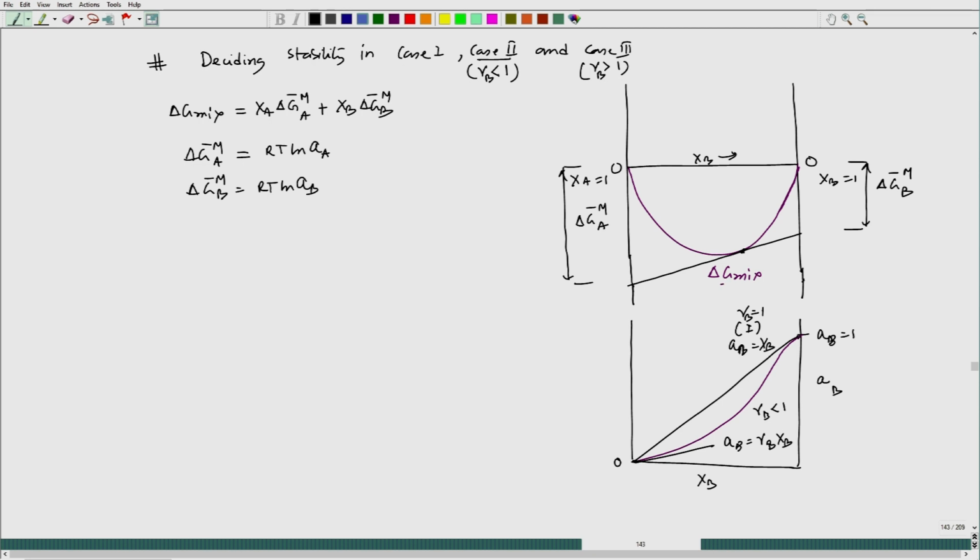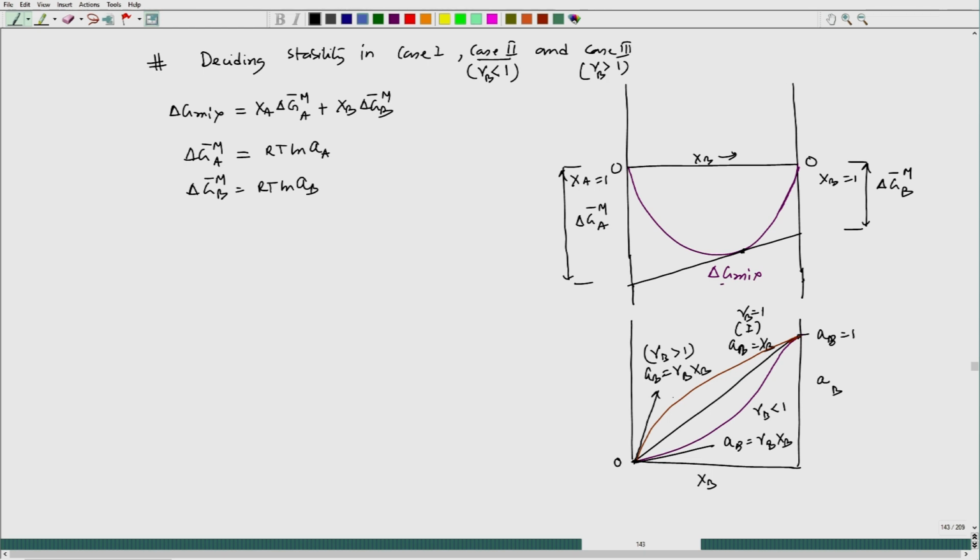In case of case 2 as well as case 3 would be the other one. So, this would be case 3. And then this line would be a_B equal to gamma_B x_B, gamma_B greater than 1.